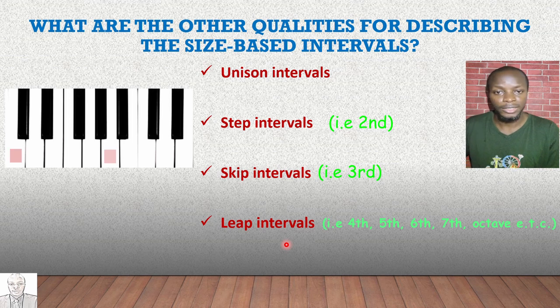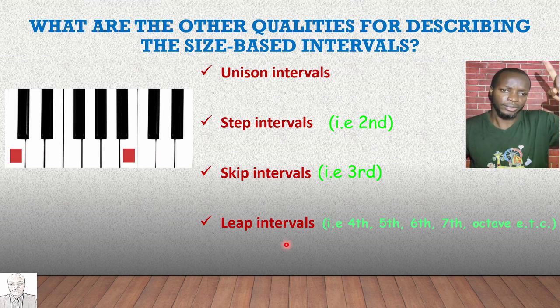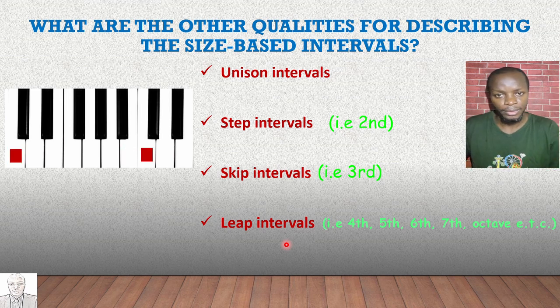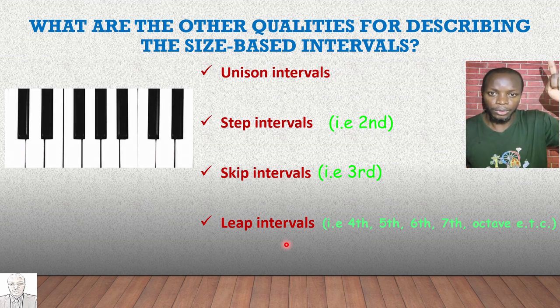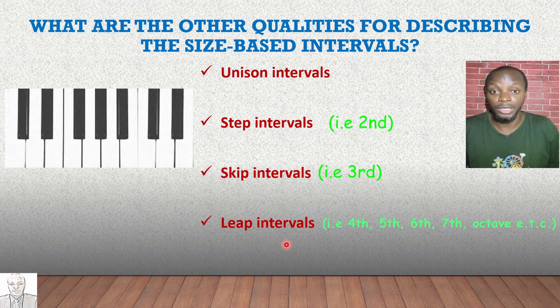And it could be a sixth. So it's a leap. It could be a seventh. Or that's an octave, right? So it's either you leap up or leap down. It could be in any direction. That's right. So now let's continue.